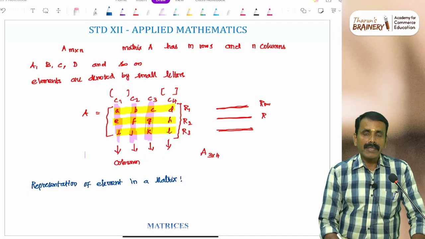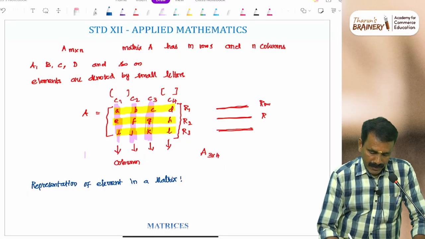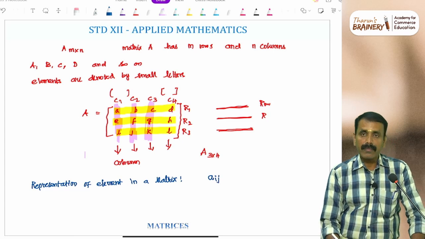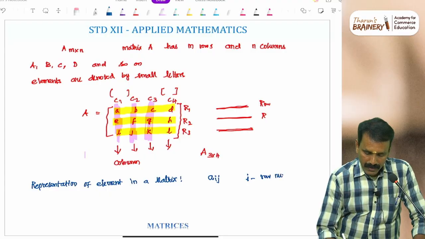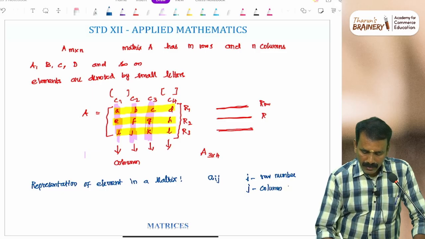The elements in the matrix are denoted by small letters a_ij. i represents the row number, j represents the column number.